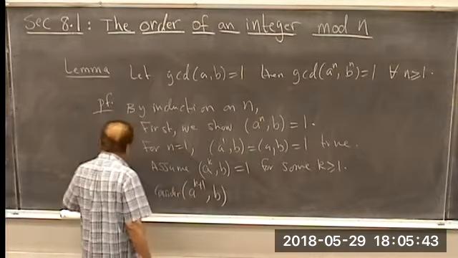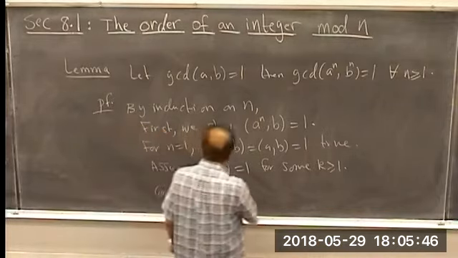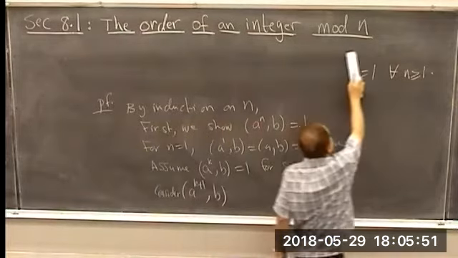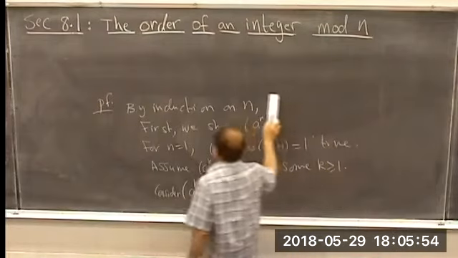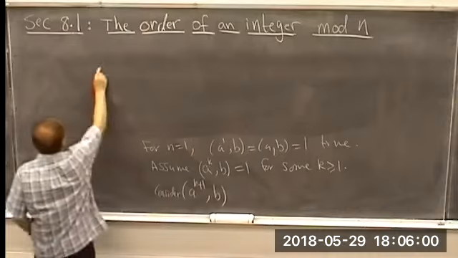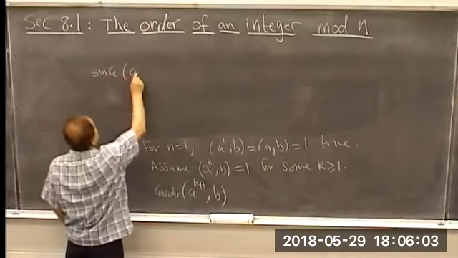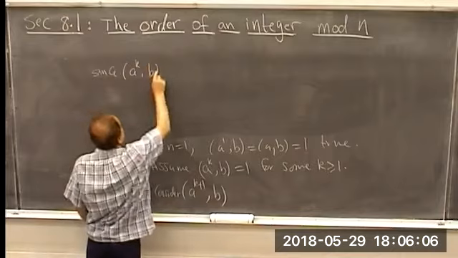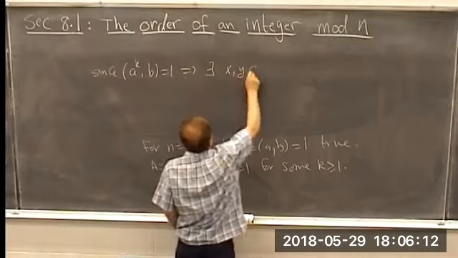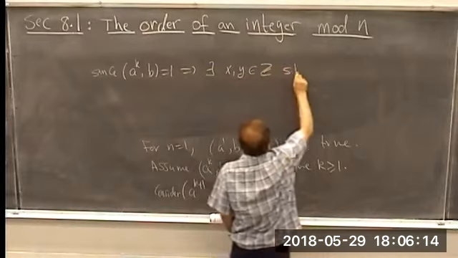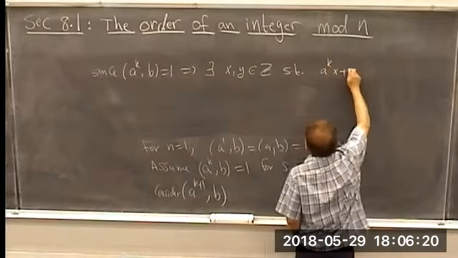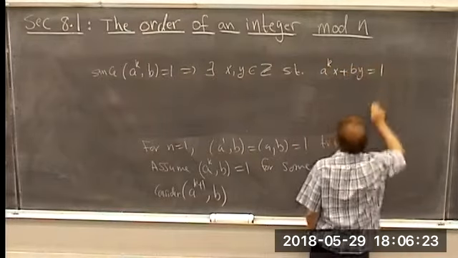All right. Now, since the greatest common divisor of A to the k and B is equal to 1, then by the identity theorem or lemma, this implies there exist x and y in Z such that A to the k x plus B y is equal to 1.